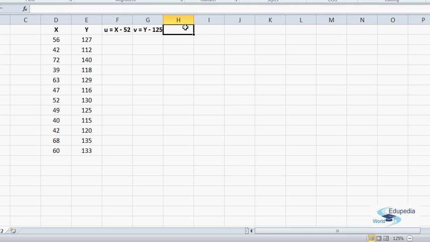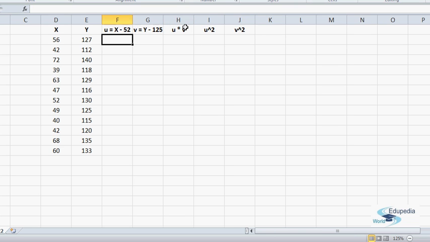Okay, further I need the product of these two, so that will be u times v, and then we need the square of u raised to power 2 and v raised to power 2.